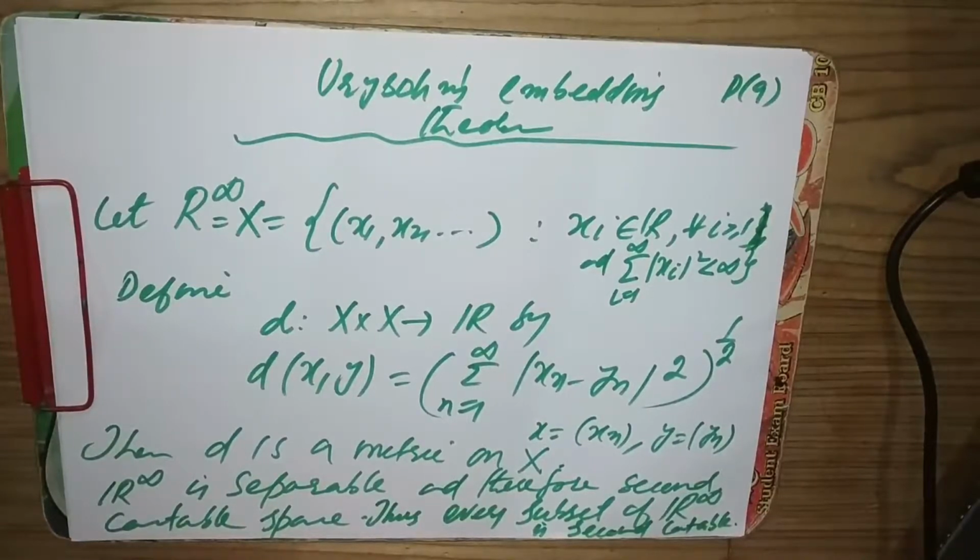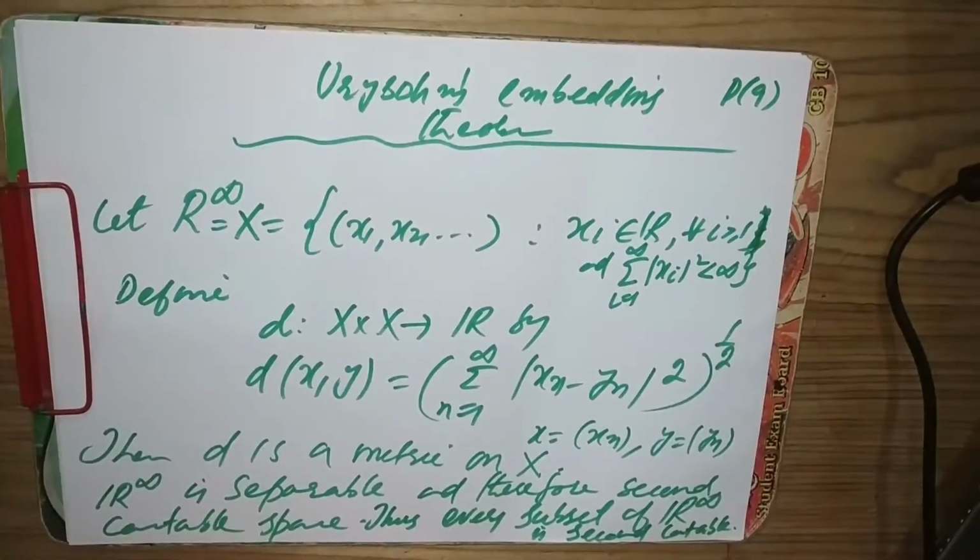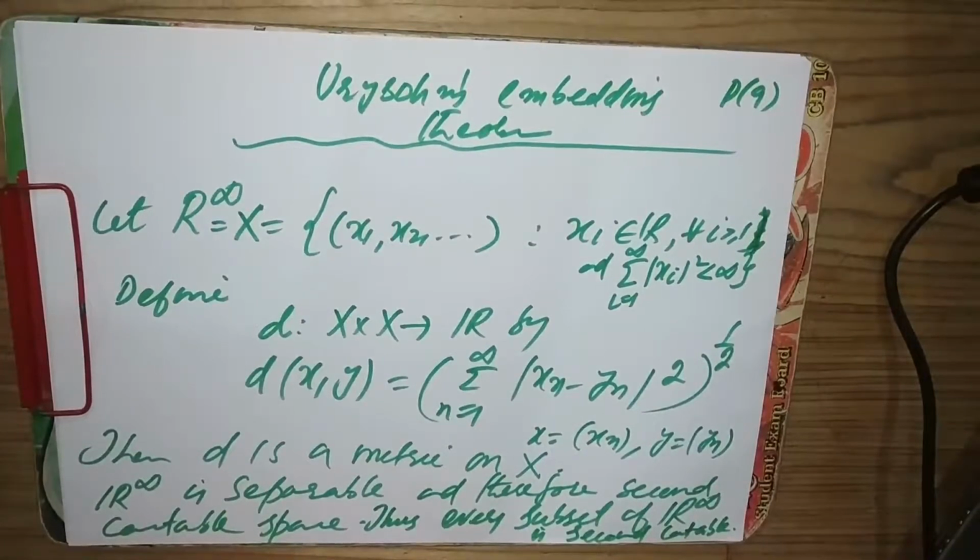But here is a theorem, Urysohn's embedding theorem. It states that if we have a normal space which is also second countable, then that topological space is always metrizable.